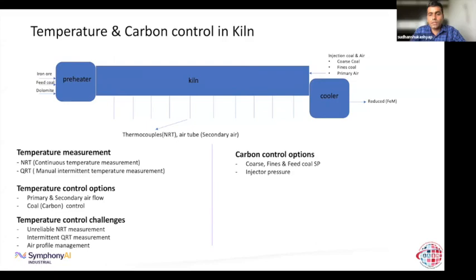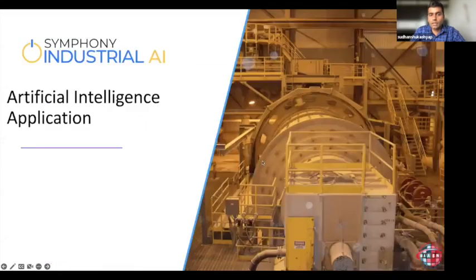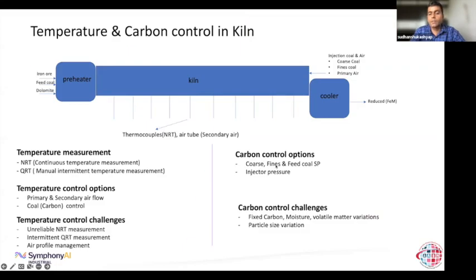So if you look at carbon control, another thing we talked about, carbon control, right? We need a very uniform distribution of carbon across the kiln, and that is being done using a fine balance of coarse and fine shear, and that needs to be very much balanced, and feed coal set points.